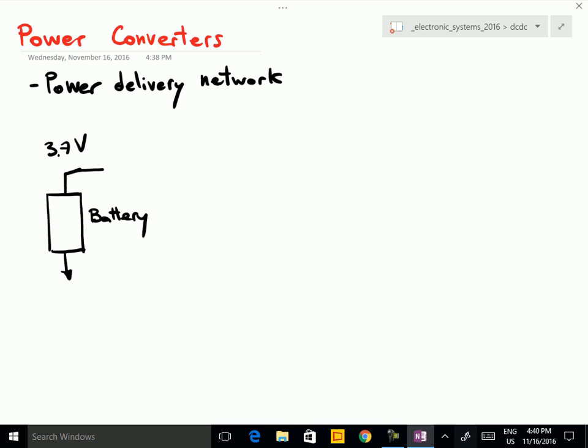And then of course from these 3.7 volts we need to obtain all the other voltages required to operate the various blocks. And in order to obtain voltages that are smaller than that one, we typically need a so-called buck converter, a DCDC buck converter.